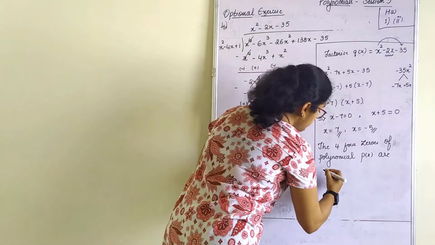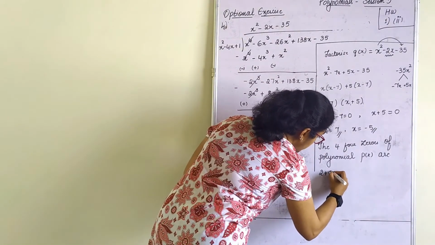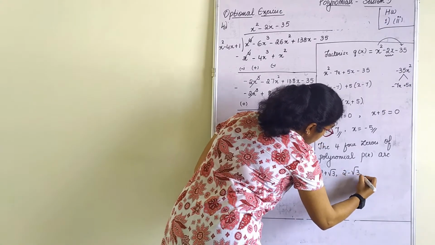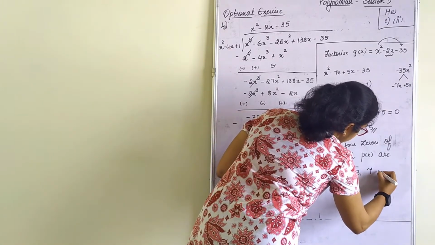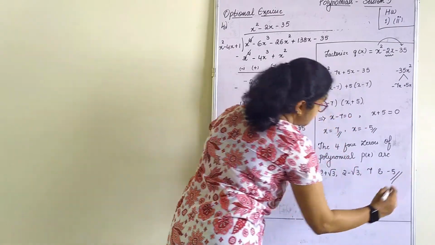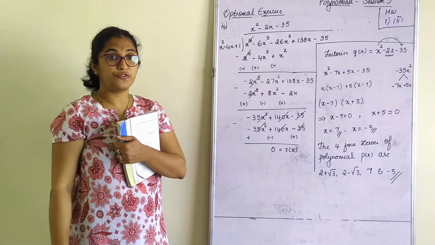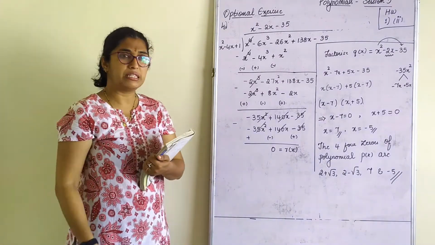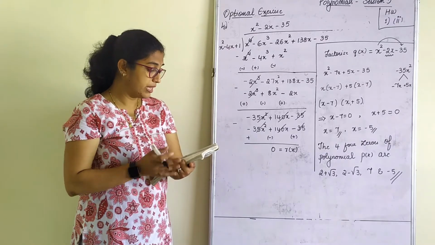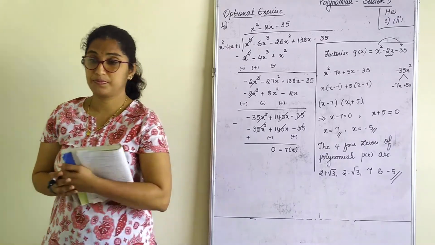What is that? 2 plus root 3, 2 minus root 3, 7 and minus 5. These are the 4 zeros of the given polynomial. So the same way as what we had done in the previous one also. Please write this down and then we'll move on to the last one.